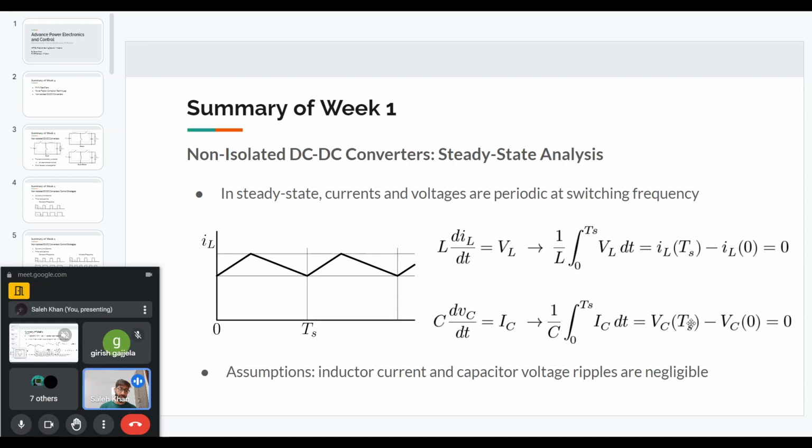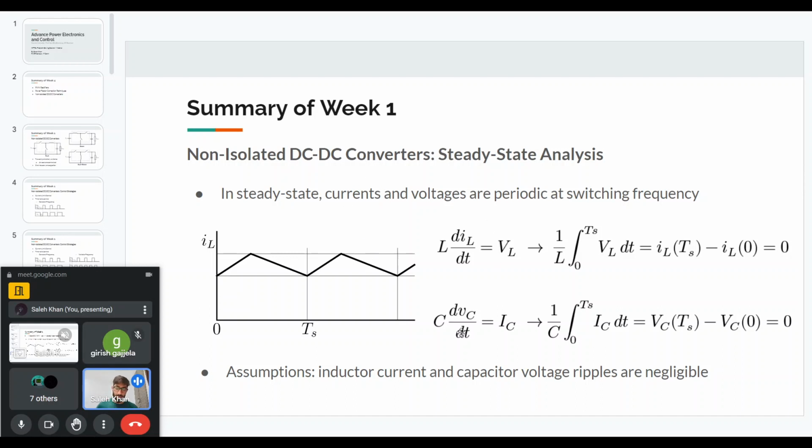So the capacitor voltage at time Ts will be equal to the capacitor voltage at time 0. If that is the case, then this integral will be 0. This is called the capacitor charge balance, because the capacitor current multiplied by time gives us the charge in the capacitor.